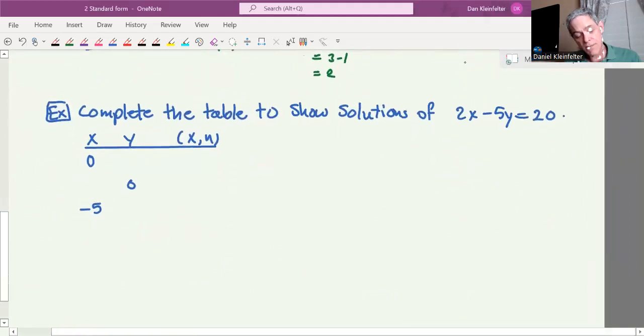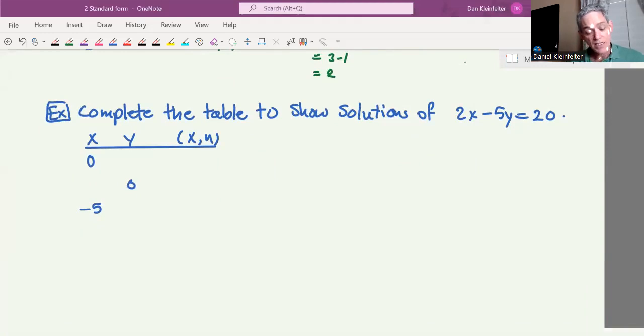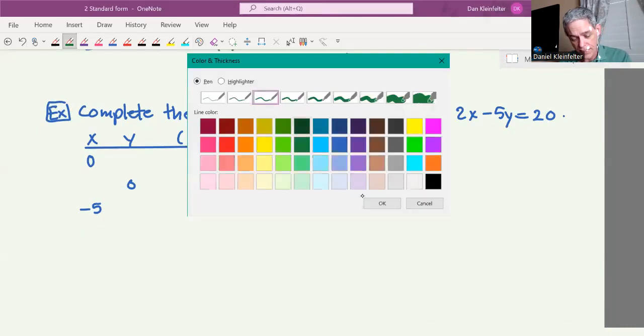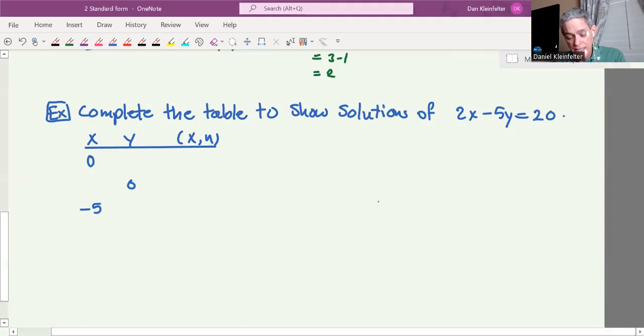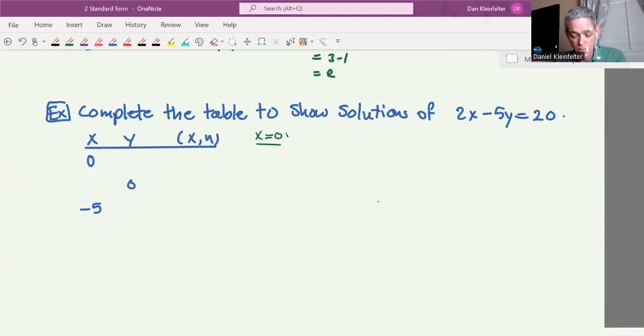Let's try the same thing again, only we have a different equation. 2x minus 5y equals 20. And this time we're given two different x values and we're given one y value. So let's try to get this done. First, when x is 0, we'll replace x by 0 and calculate y.